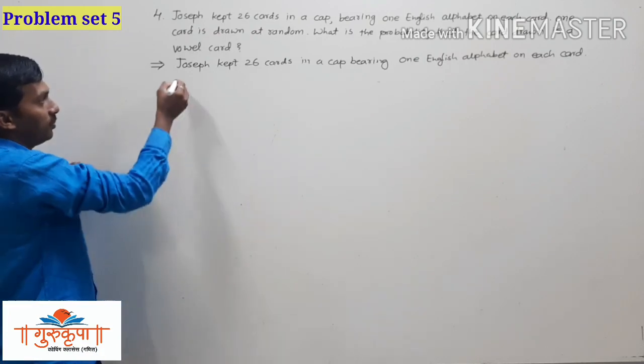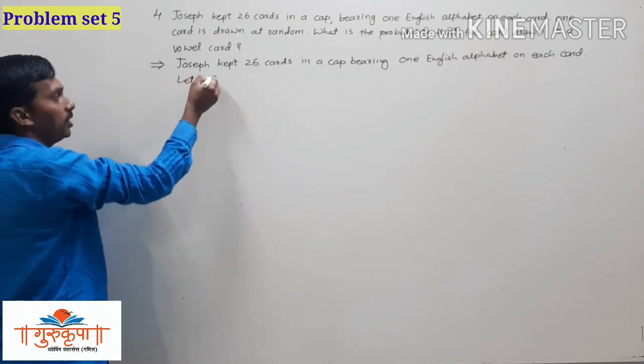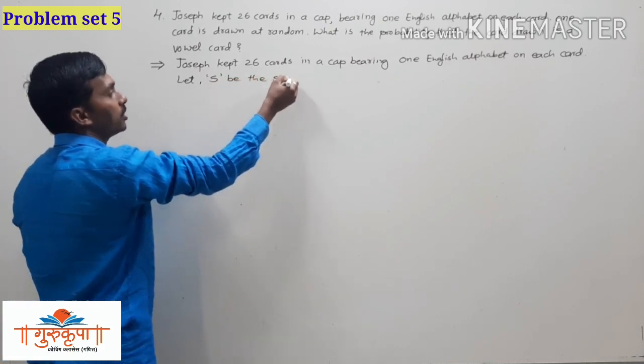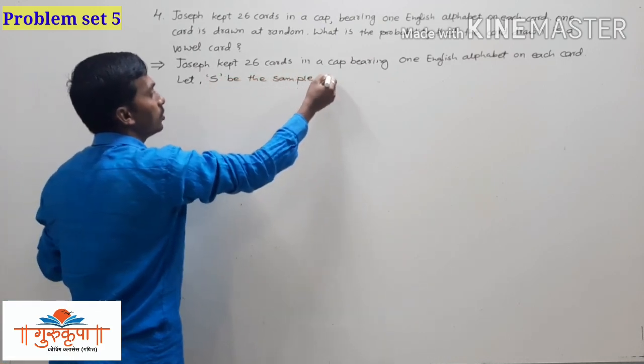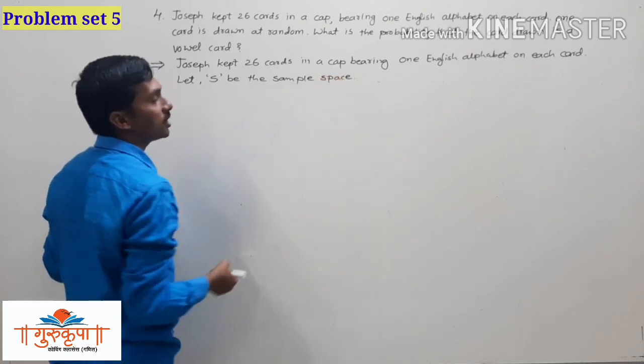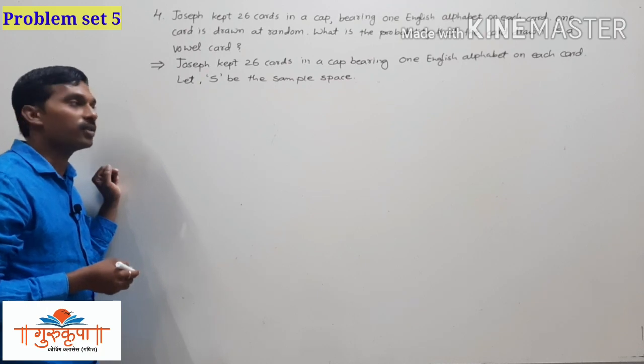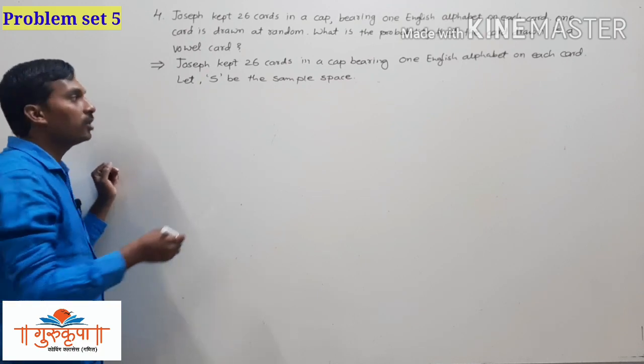Let S be the sample space. So here you can write the sample space in set form, or directly you can write there are 26 English alphabets in all, so number of S is equal to 26.